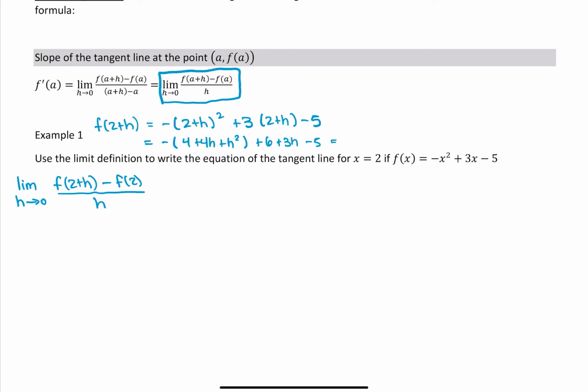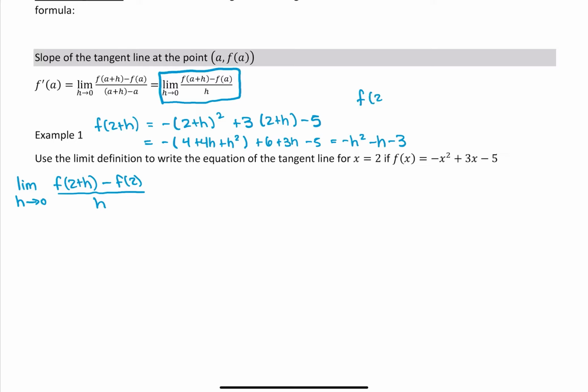And if we further simplify this, we're going to get negative h squared. Negative 4 plus 6, which is 2, and then minus 5, which is negative 3. And then negative 4h plus h is going to give us negative h. So negative h minus 3.